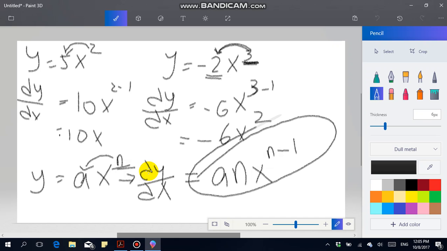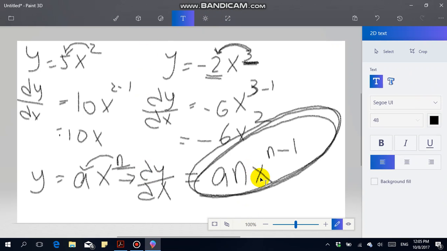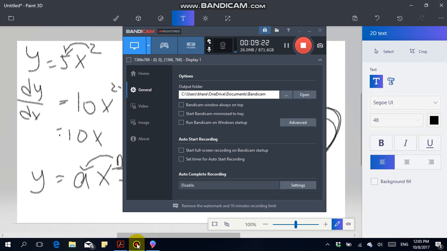So this is again your general formula or your rule for differentiation. It's the same thing that we did before, only in this case x is already being multiplied with something else. So whatever the power of x is, it gets multiplied with that also, and you subtract the remaining power by 1. And we'll continue this in the second video, and this is basically what differentiation is.